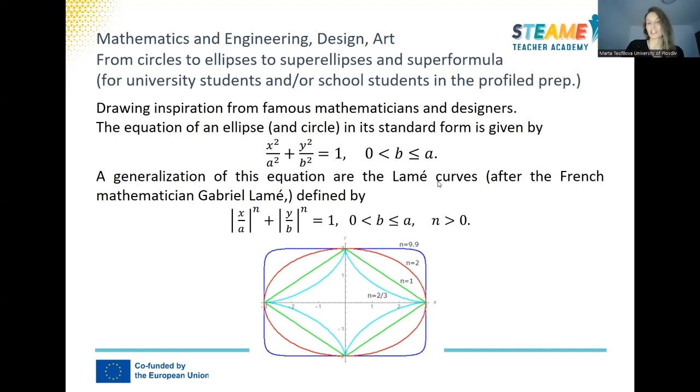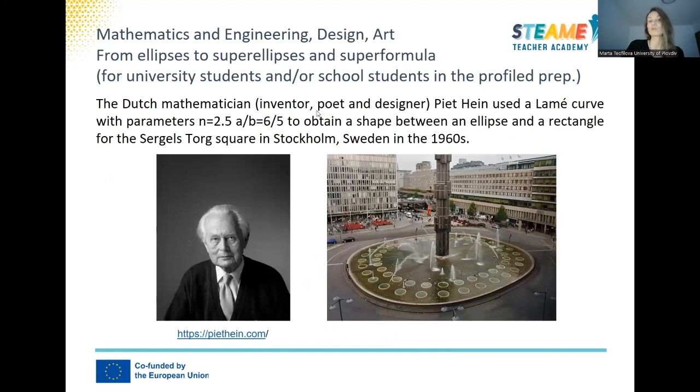And this generalization was very ingeniously used by the Dutch mathematician, inventor, designer, and even poet Piet Hein, who in the 1960s solved the problem of constructing a square in the capital of Sweden, Stockholm. The so-called Sergels Torg square incorporates the forms of an ellipse and square, rectangle, to be more precise.